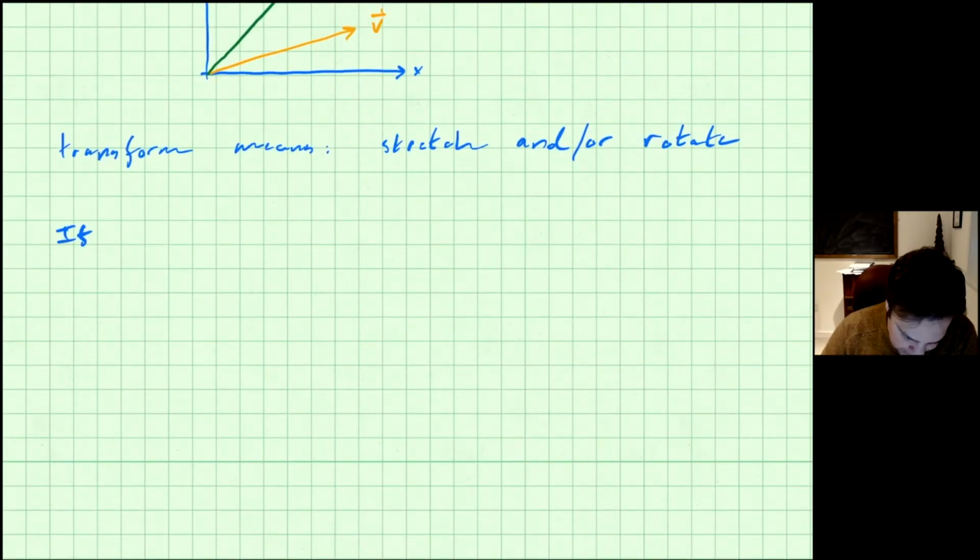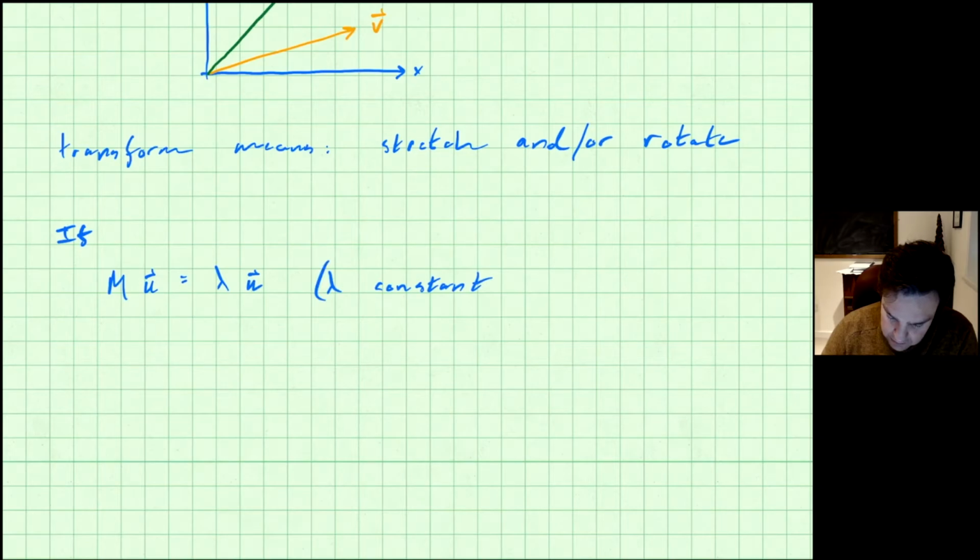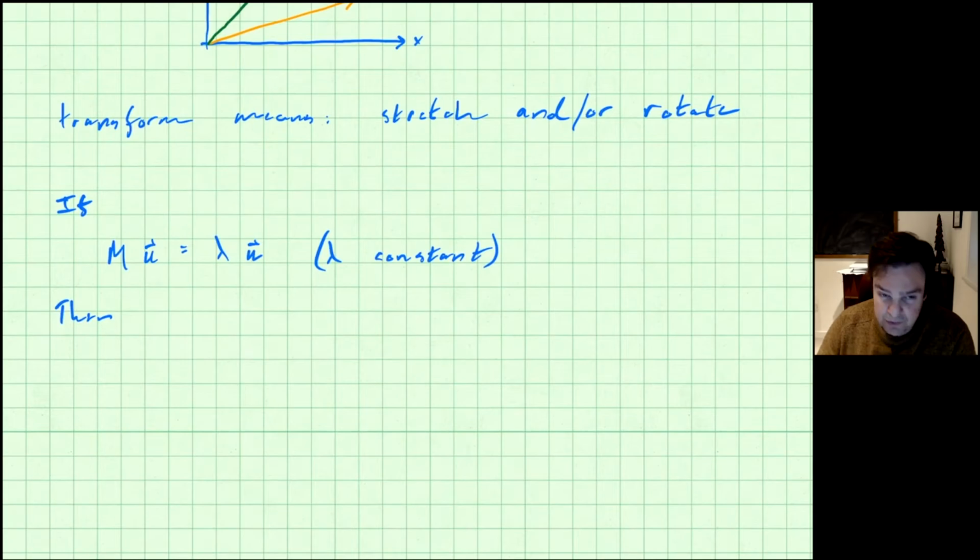If you have M times a vector u, and the result is actually just a constant that I'll call lambda times the vector u, where lambda is a constant, then the vector u is what we call an eigenvector of the matrix M, and it has corresponding eigenvalue lambda.